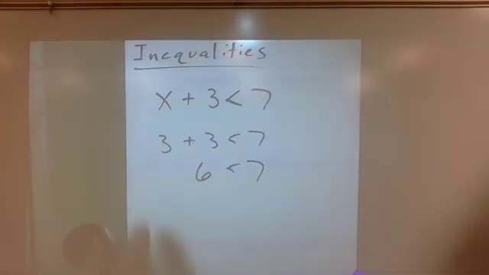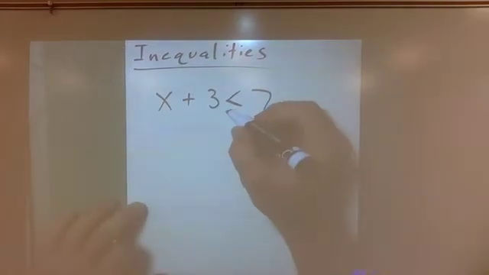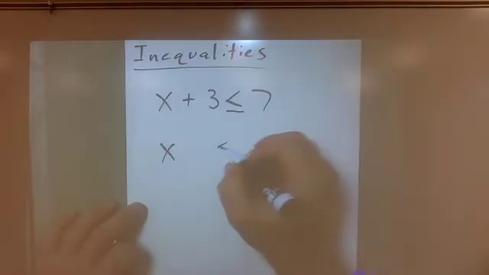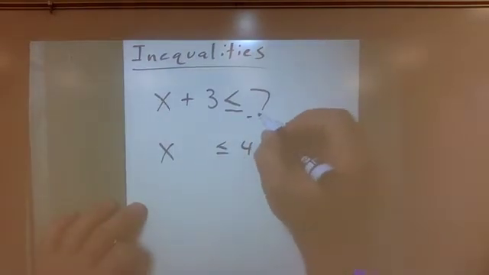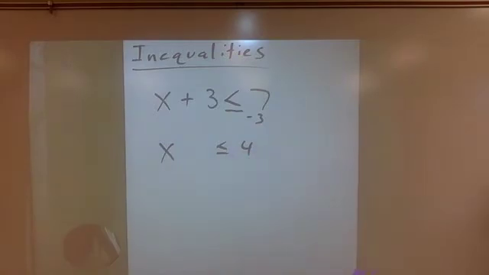If this symbol was less than or equal to 7, we would solve it the same way we solve it if it was an equal sign. And we would get x is less than or equal to 4 because we subtracted 3 to the other side. Now we can use 4 because it's less than or equal to.